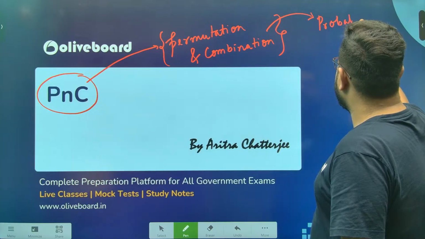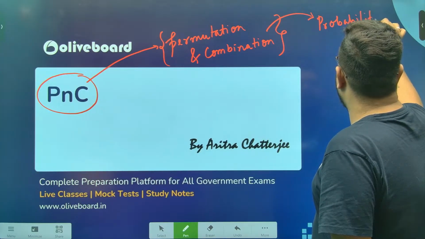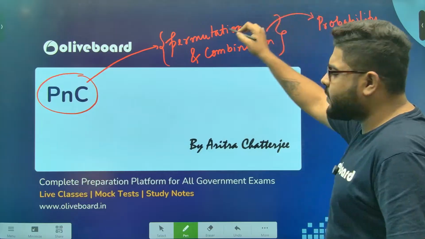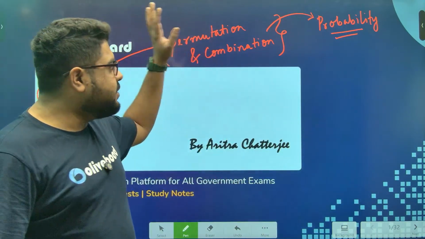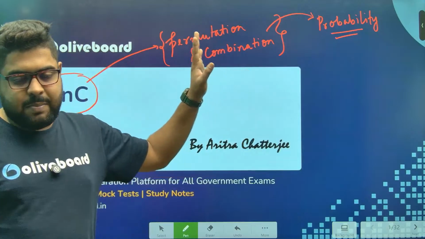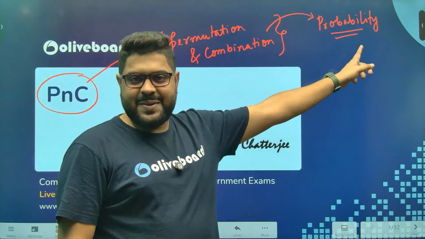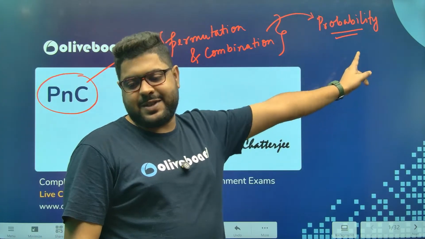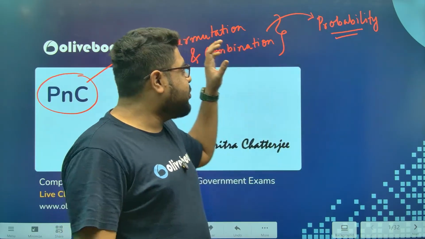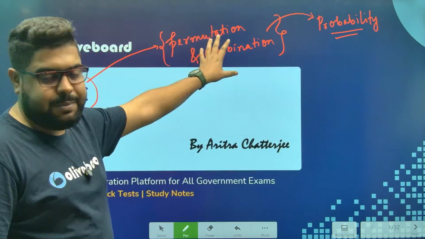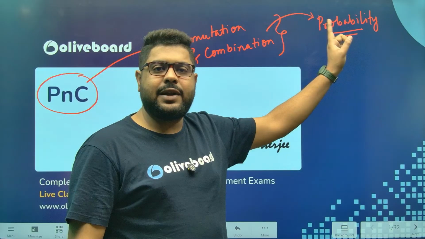Whether or not they ask you questions directly from this chapter, you will require 100% of the concepts, because they will 100% ask questions from probability. If you don't understand this chapter, probability will never be fully done.